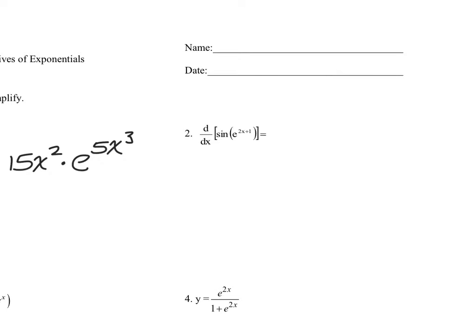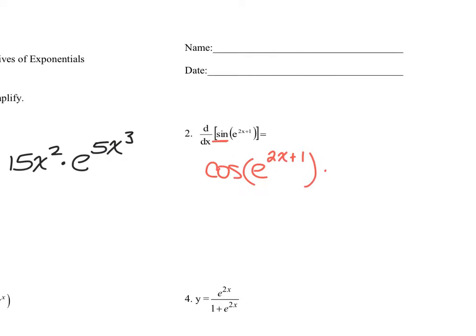All right. So the derivative of the outer function becomes cosine of my inner function. I'm about to make my parentheses too small.